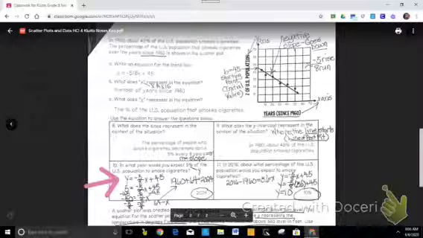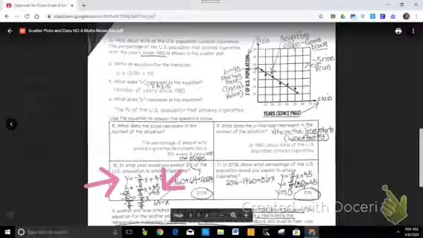So we would put 5 in for Y. It would equal negative 5/8 times x plus 45. We do the one with the variable last, so we minus 45 on both sides.